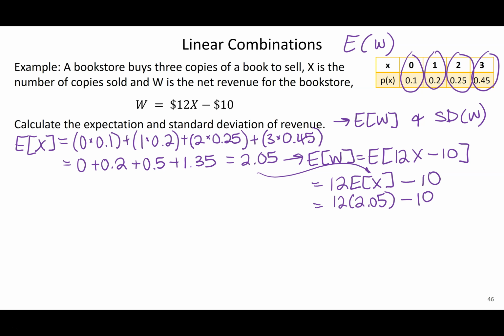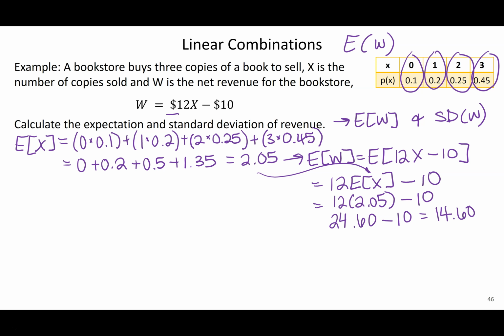Do our math there. 24.60 minus 10, I'm going to get 14.60.